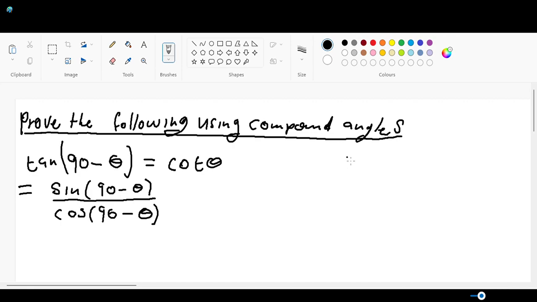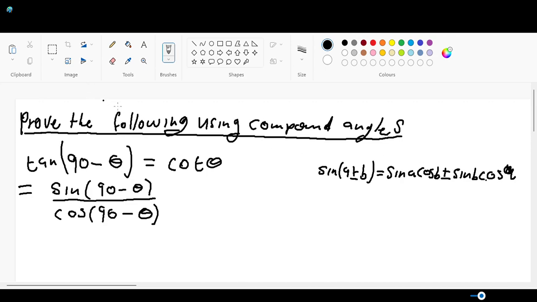Now let me write the formulas here so that we remember. For sine, if you still remember, it's sine of A plus or minus B, which is equal to sine A cos B plus or minus sine B multiplied by cos A. No, cos A, I forgot the multiplication.